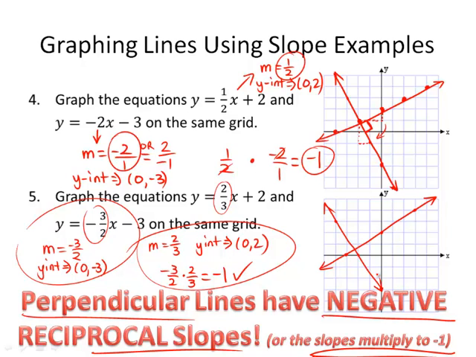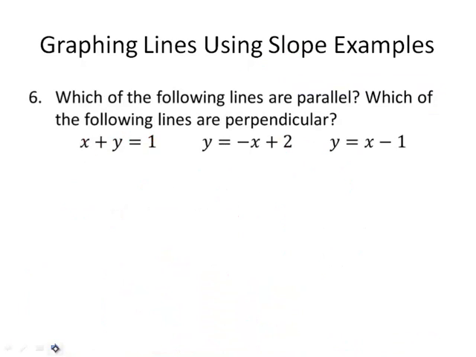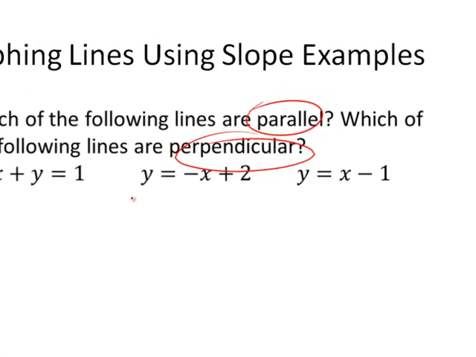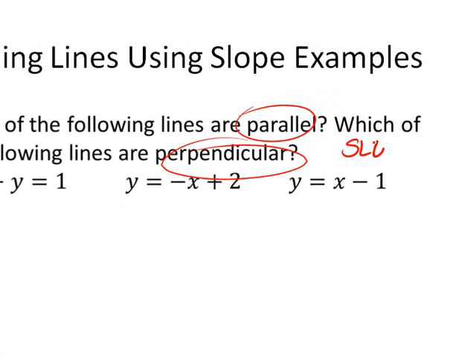And there you go. You've got perpendicular lines. So, without graphing, how can you tell if lines are perpendicular or parallel? Well, as we just learned, you can basically just look at their slope.